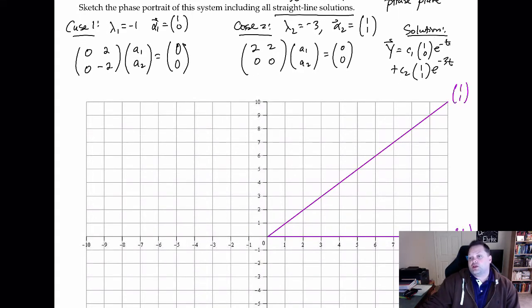And so for values of t, these are scalar multiples, the exponentials scale the vector. So if t is 0, you just get the vector 1, 0, and that's that nice little vector I had drawn. But if t is 10, that vector's quite a bit shorter. If t is negative 10, that vector is quite a bit longer.